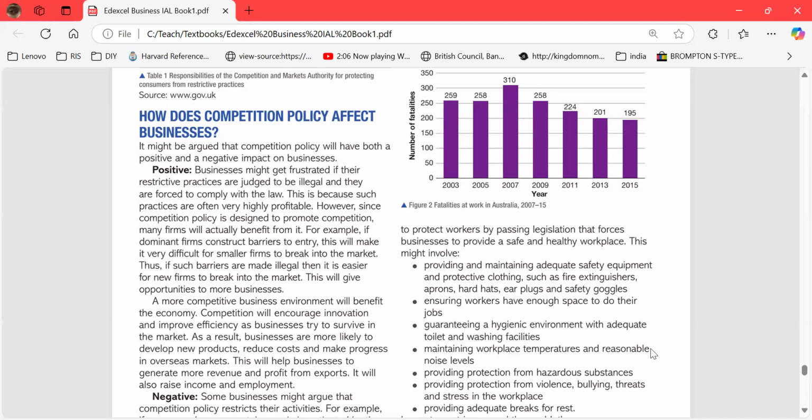So we have positive effects, like the small business, it's beneficial for them basically, so that the dominant firms won't be able to put any kind of barrier on them. So it's good for them.